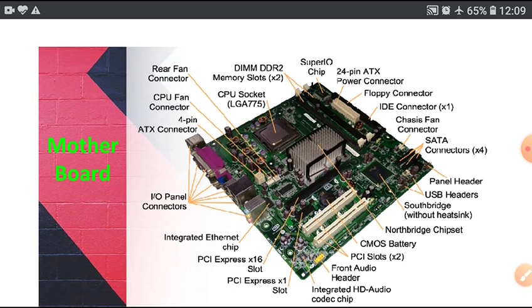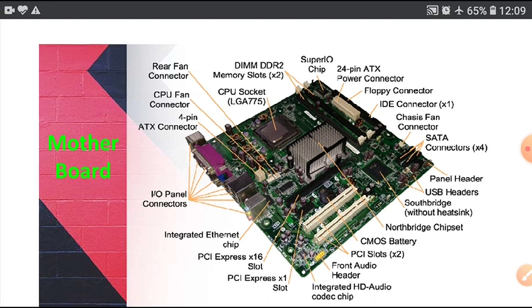Next, this is also a figure of a motherboard, and you can see there are different component labels here.